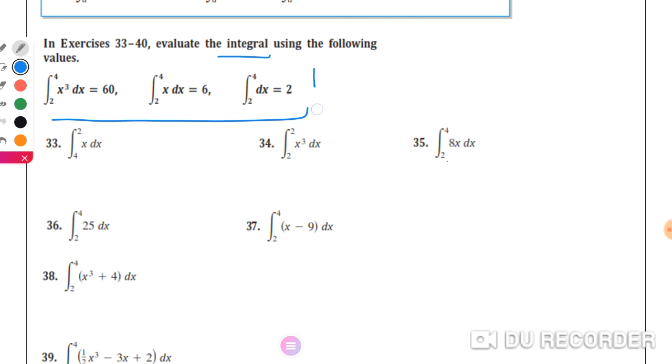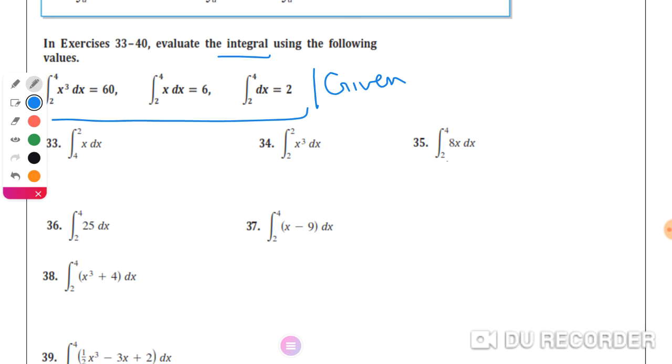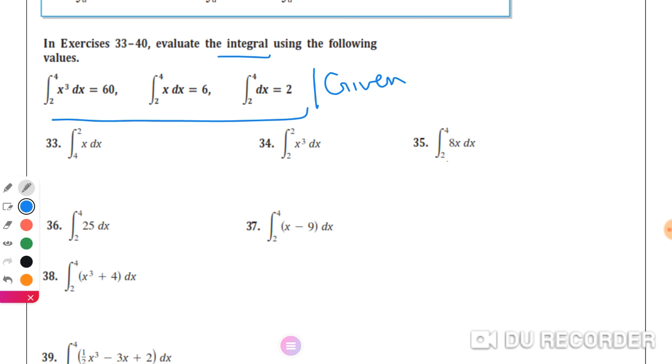As you see, all of these are given. I use the given values and the properties of integration to find the value of the requested integral.